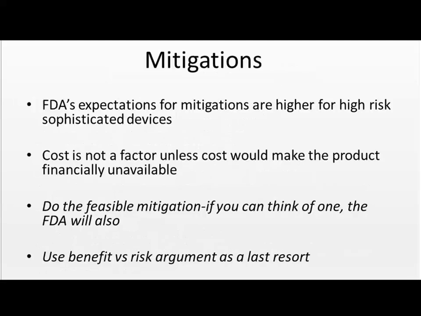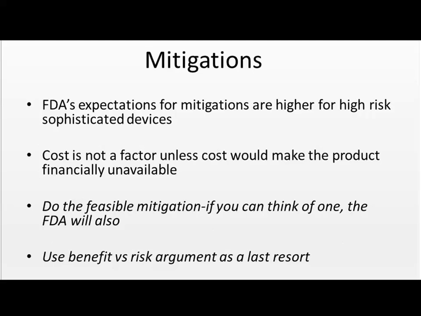So mitigations. A good rule of thumb is you should do the feasible mitigation, not try and evade it. If you can think of a mitigation for a problem, the FDA will also. They're pretty smart.